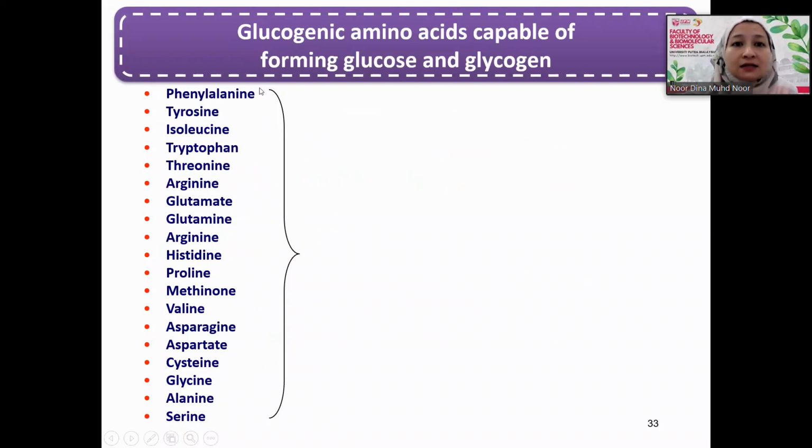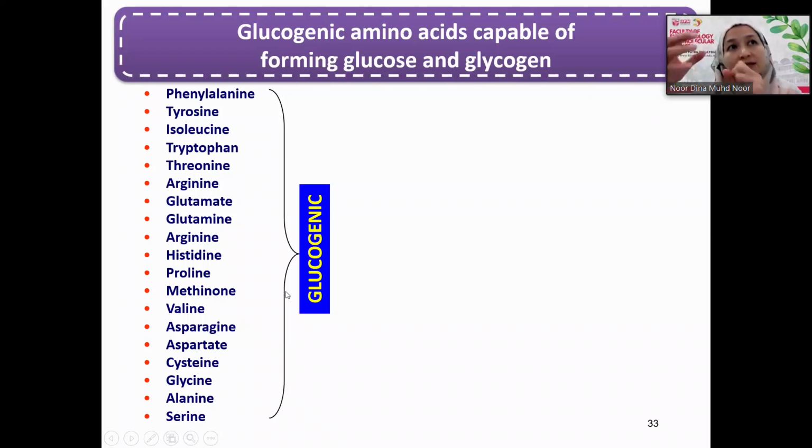Here we have the list of glucogenic amino acids that are capable of forming glucose and glycogen, all the amino acids that can be degraded into glucose.